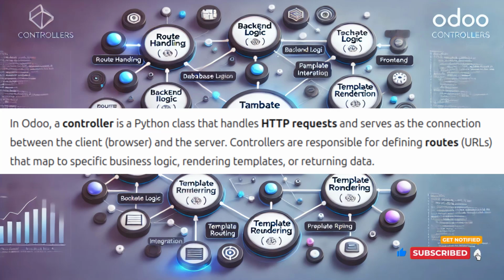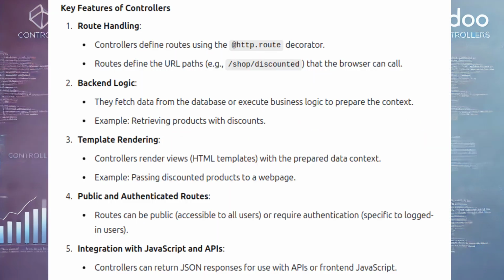Essentially, controllers act as the bridge between the backend logic and the front-end interface. In this tutorial, we are inheriting a controller class called WebsiteSale from the website_sale module. This allows us to reuse and extend the existing e-commerce functionality provided by Odoo.